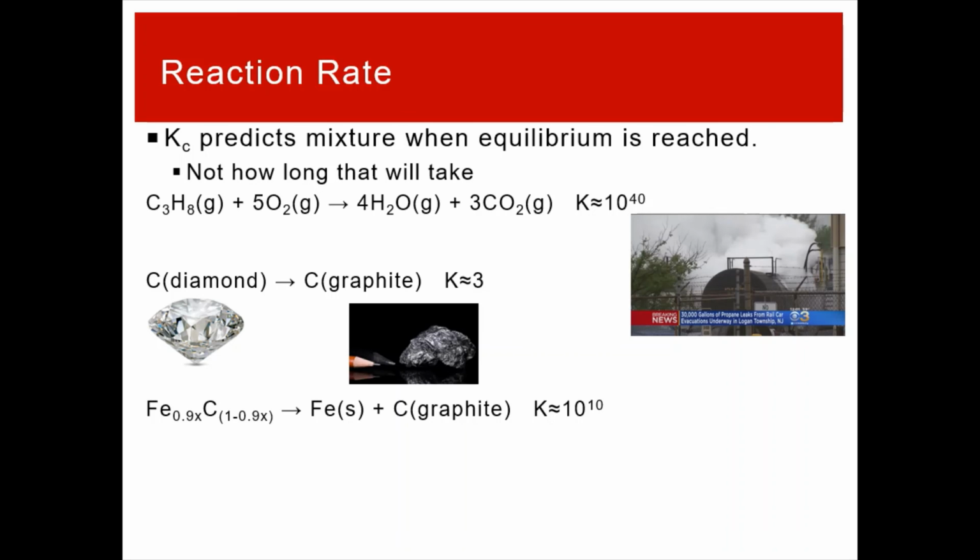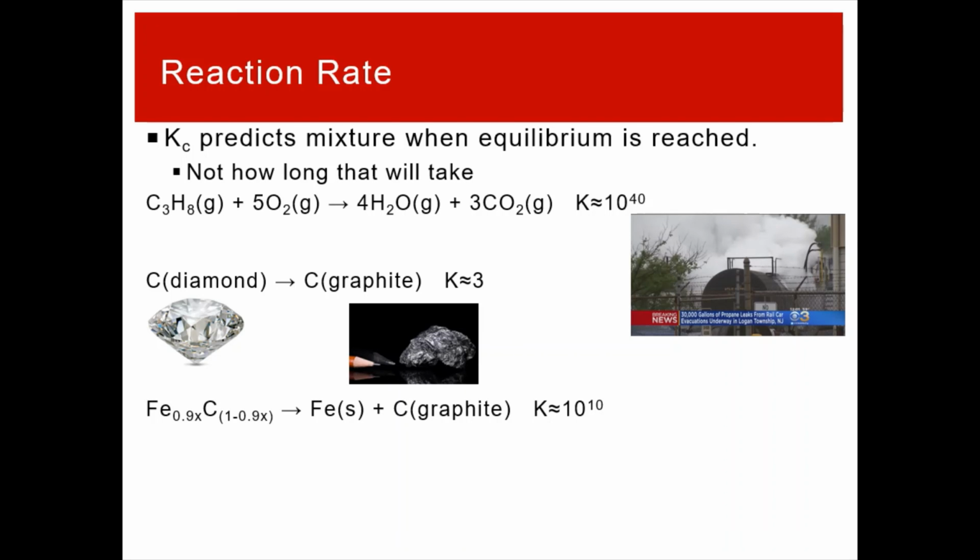But the kinetics are unbelievably slow. Under ambient conditions, graphite is the stable form. All diamonds are relatively unstable. They should become graphite, but it takes billions of years for that to occur. The rate constant is extraordinarily slow. The activation energy is incredibly high. And so functionally it just never happens.